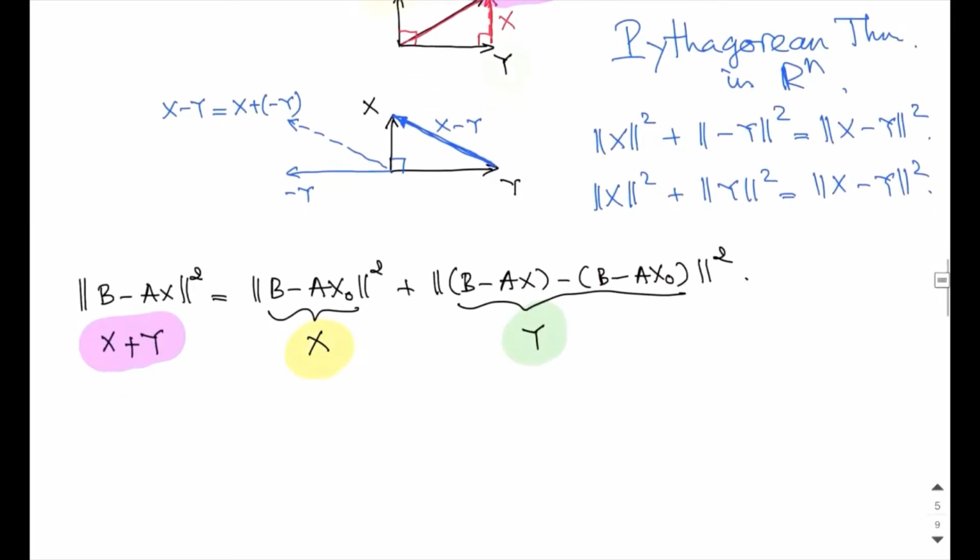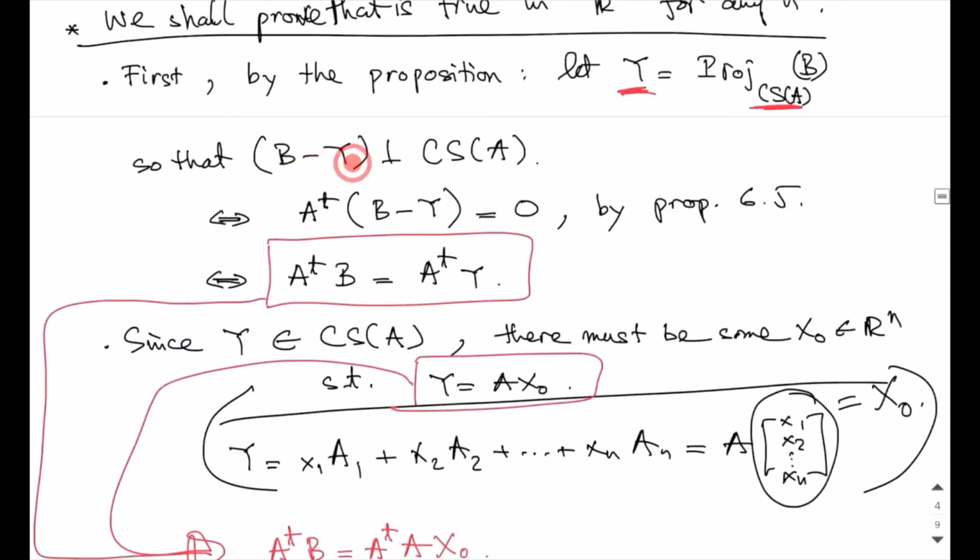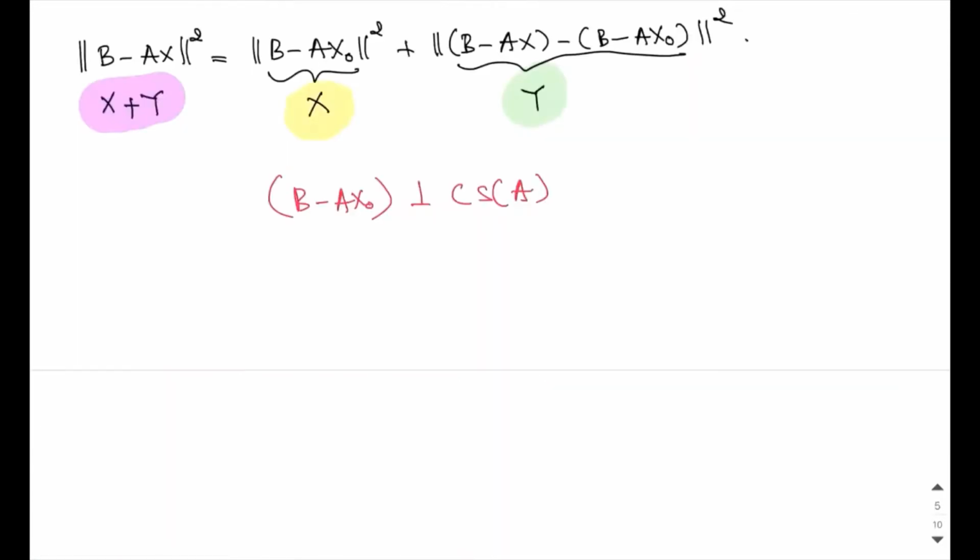How do I know that the two vectors here are perpendicular? Well, that is because you have b minus Ax0 being perpendicular to the column space of A. B minus y, but y is Ax0, right? So b minus Ax0 is perpendicular to the column space of A. What is the y if you simplify here?